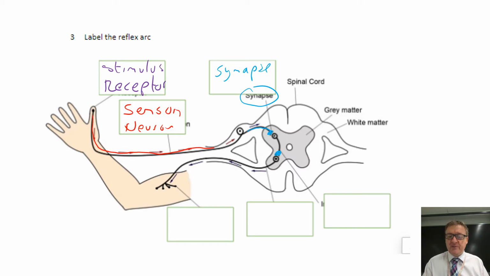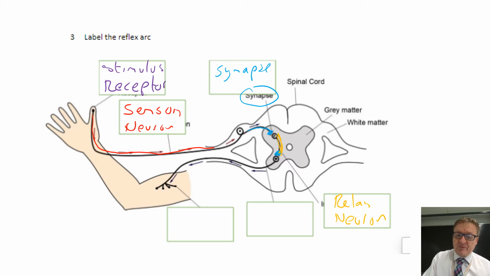I'm not going to go into huge amounts of detail, but the synapses are important. Then we've got this little neuron here, which is within the spinal cord itself, which is called the relay neuron. Okay, relay, so if you think about a running race, you might pass the baton on, which is kind of like a relay.